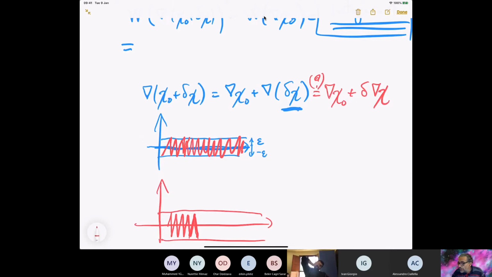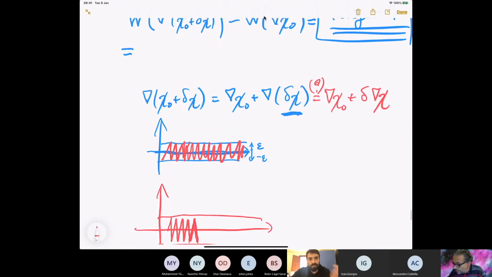So what you have to do, you must use a suitable set of functions. You use functions of which you are controlling not only the value, but also the value of the derivative.